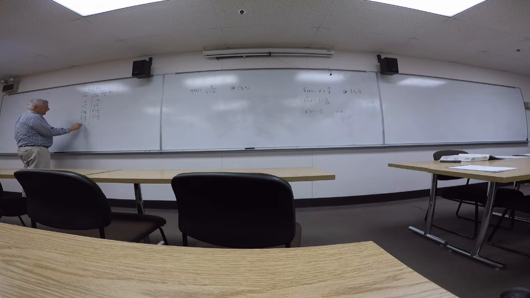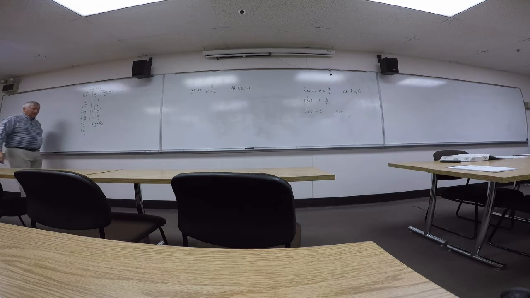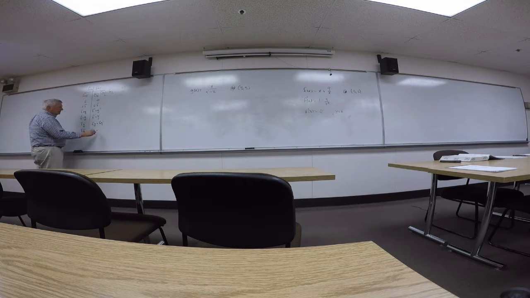For the product f times g, the derivative is f prime g plus f g prime. And the derivative of the quotient has one caveat, that g cannot be 0. It is the derivative of the numerator times the denominator minus the numerator times the derivative of the denominator, divided by the square of the denominator.